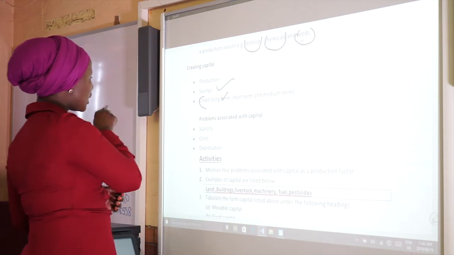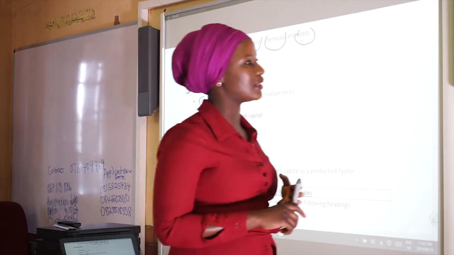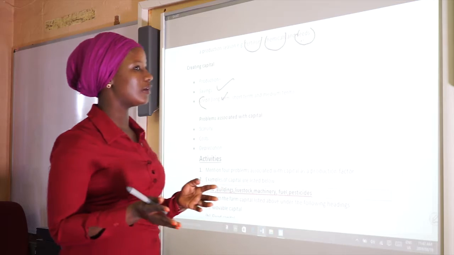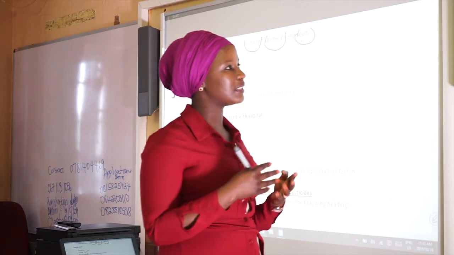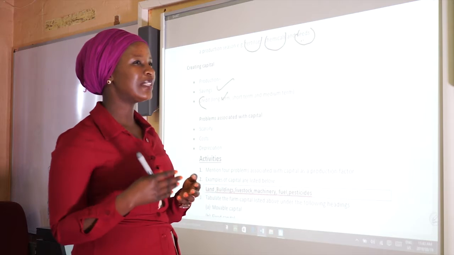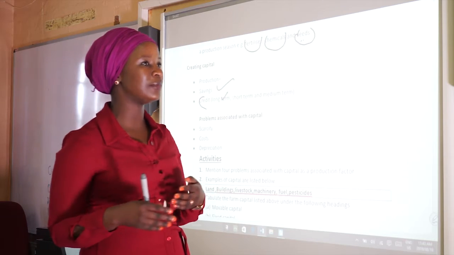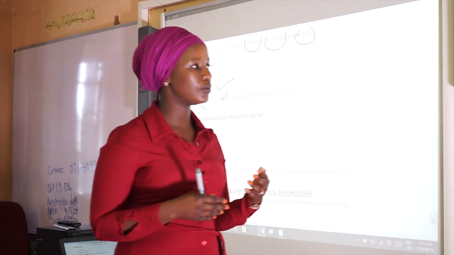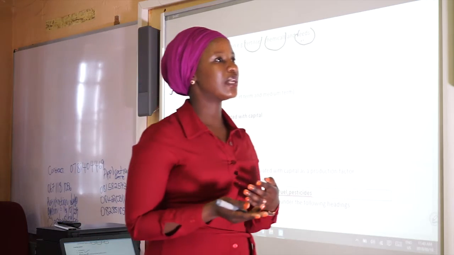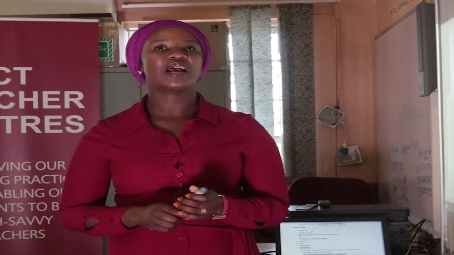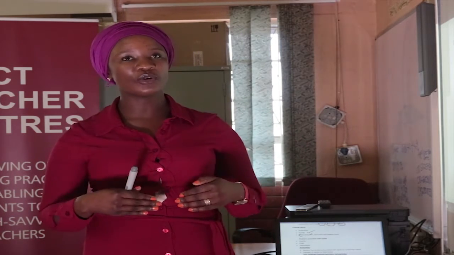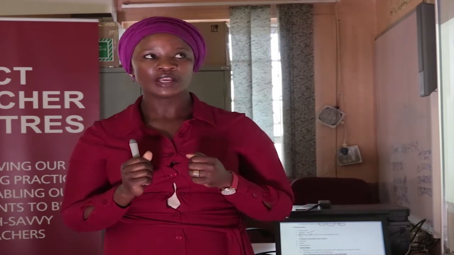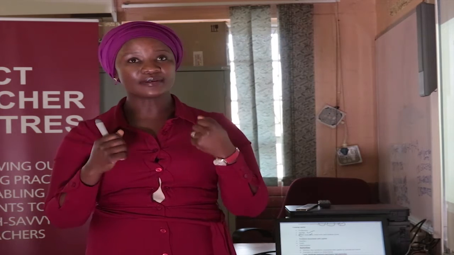Then another form of capital that is not listed there is the grant. How does the grant differ from a loan? A grant is given by a governmental trust, so the grant does not come back with interest. Sometimes they don't even follow up on whether you have returned the grant. For example, if the government says, if you want to start a cattle farm, I'll give you 40 cattle, and once your farm is successful, you're going to return my cattle to me, that is what we refer to as a grant.